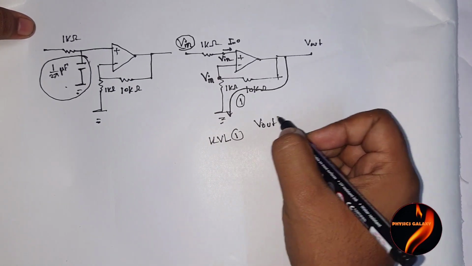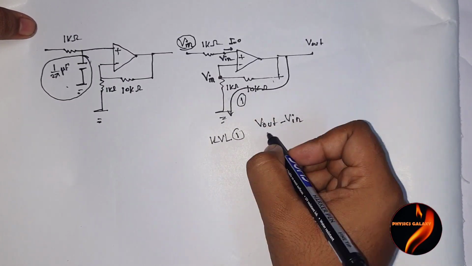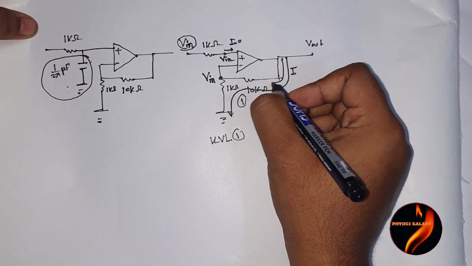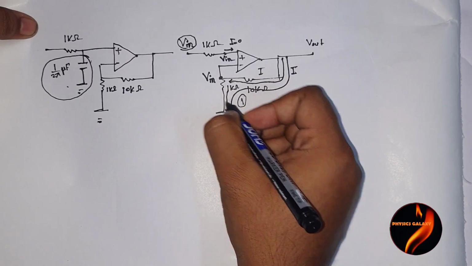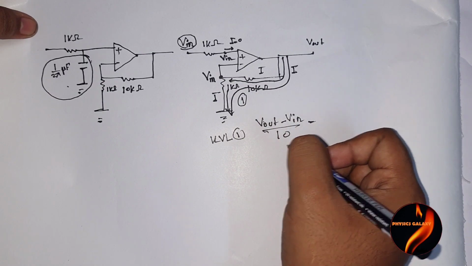V out minus V in divided by 10, which is the current passing through this point. So this current will be equal to this current. So the first current is V out minus V in divided by 10.